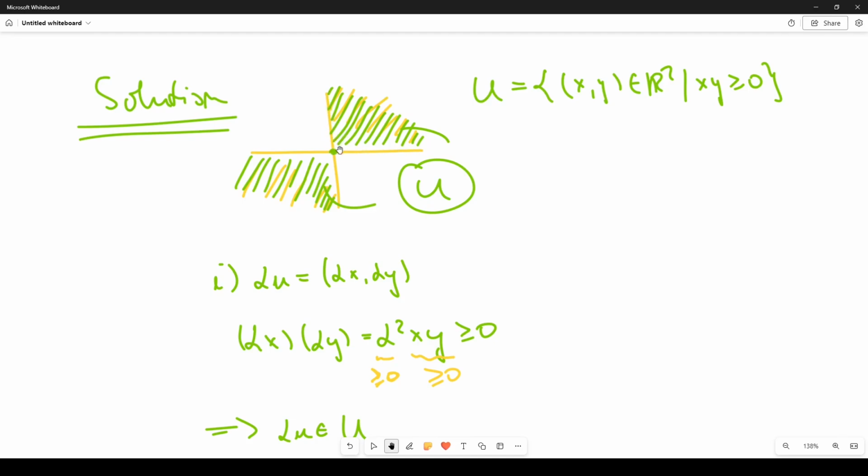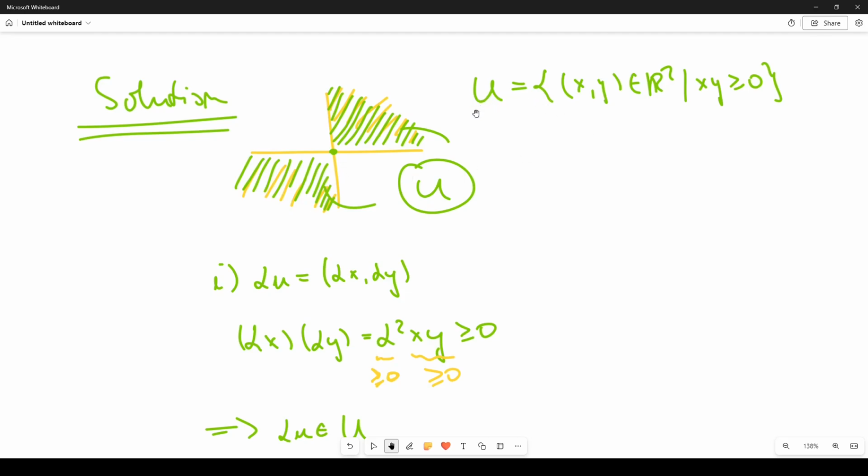So here are all the points with positive coordinates, and here are all the points with negative coordinates. So if I multiply the coordinates of any point over here, we get something that is greater than or equal to 0, and the same goes over here, due to them being both negative at the same time, so their product will be positive or 0.